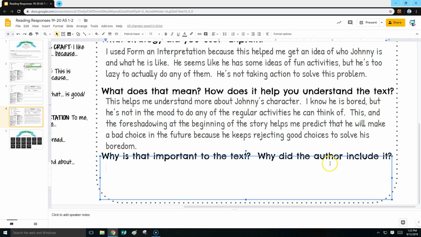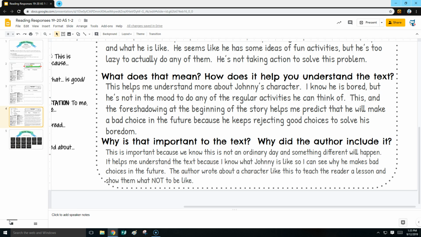Why is that important to the text? Why did the author include it? So this is important because it presents a problem, and then this is where the rising action is. So I'm really thinking about the plot and how it helps me understand the plot and the character and the theme of the story. So that's what I'm going to write about right here. I had to make this a little smaller because I had a lot to say. I said this is important because we know this is not an ordinary day and something different will happen.